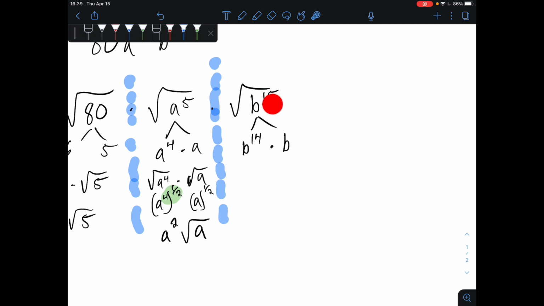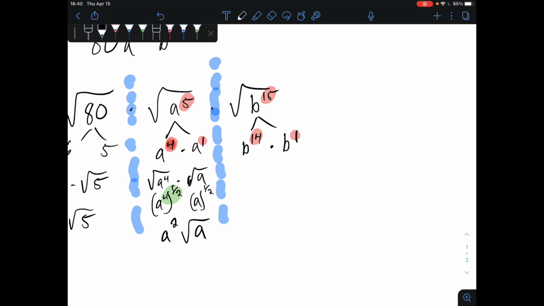We want to be able to separate this into something that's even and something that's divisible by 2. Because at the end of the day, what we're trying to do is divide this exponent right here by 2. And so this isn't divisible by 2. This isn't divisible by 2. Oh, wait, but 14 plus 1 is 15. So there's a 1 right here, 1 right here.